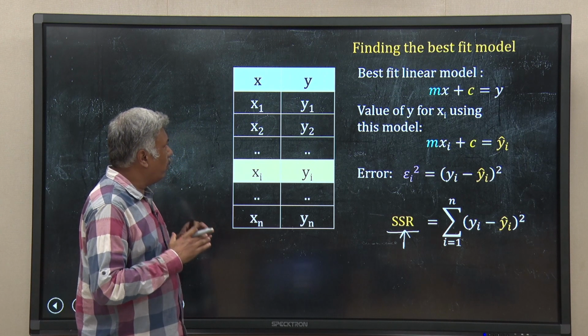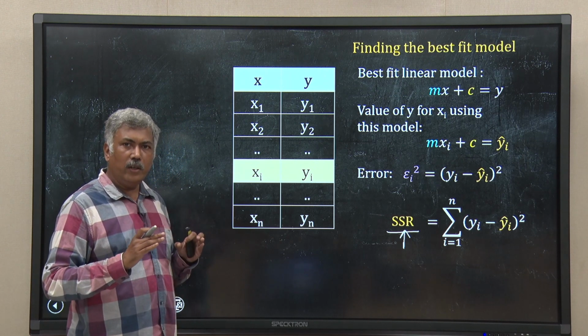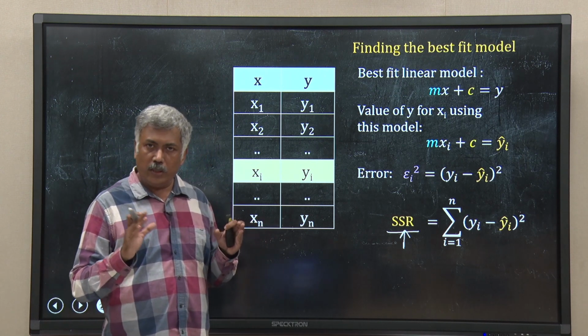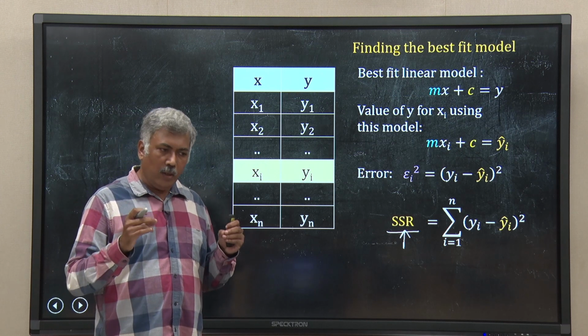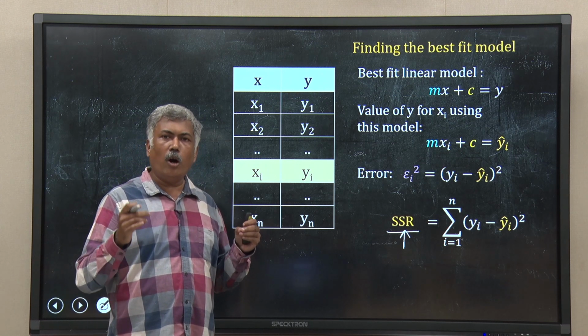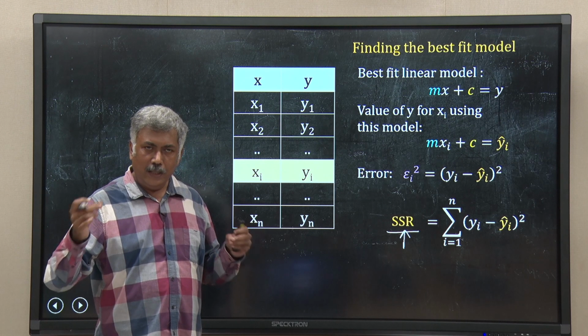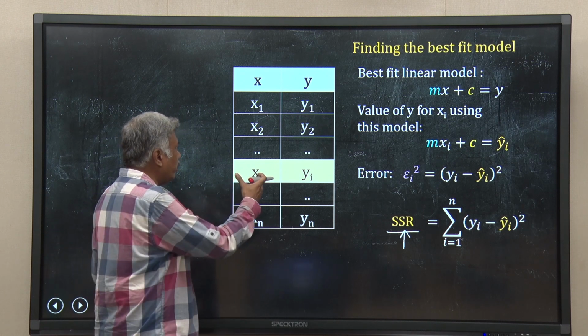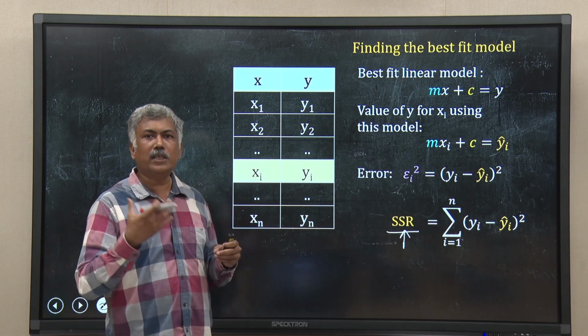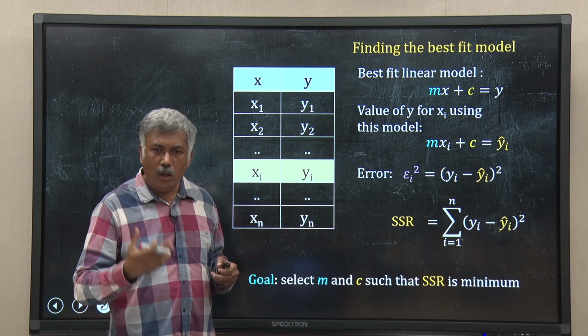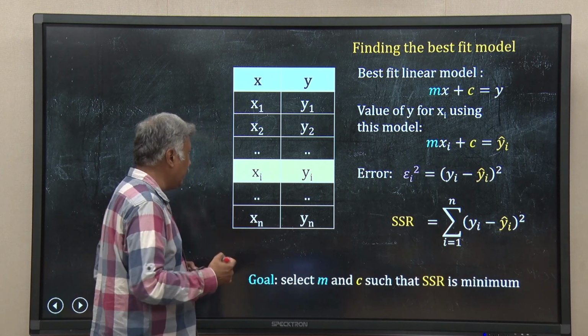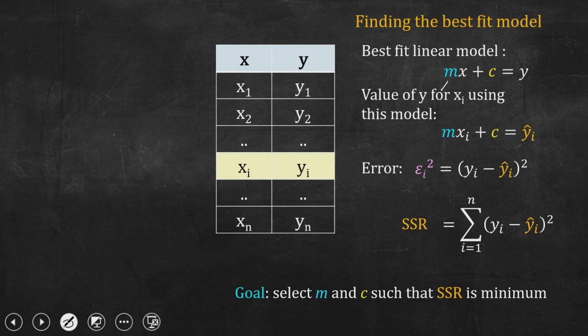Now, what is my goal in this problem? Remember, I want to find an optimum solution, because I do not have a unique solution. So, I want to find a middle ground, I want to find an optimum straight line which will fit this data, that means it will have the least error. So, the goal for my whole exercise is to choose a particular value of m and c in such a way that this error SSR is minimum.